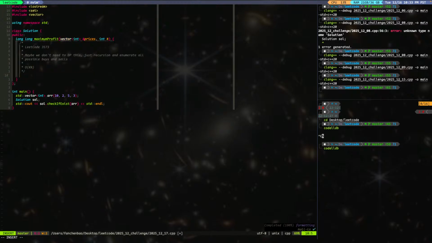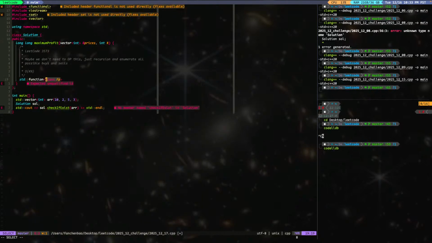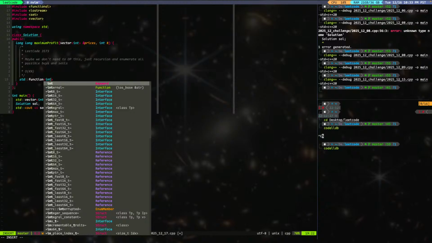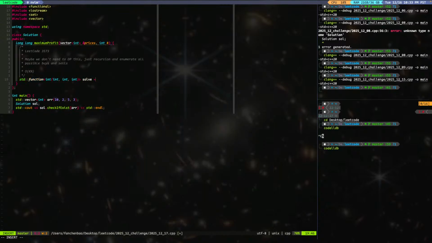So we need a recursion, which we call it dp. It's not a dp, we're gonna call it solve. Basically, we pass int solve I, remaining and balance.